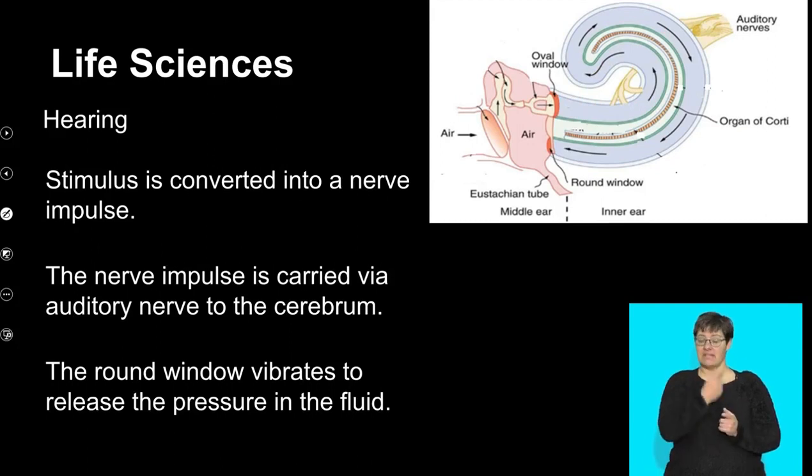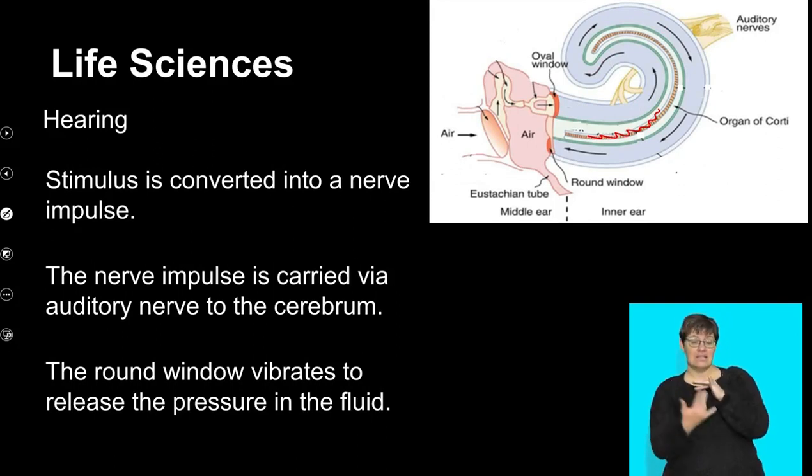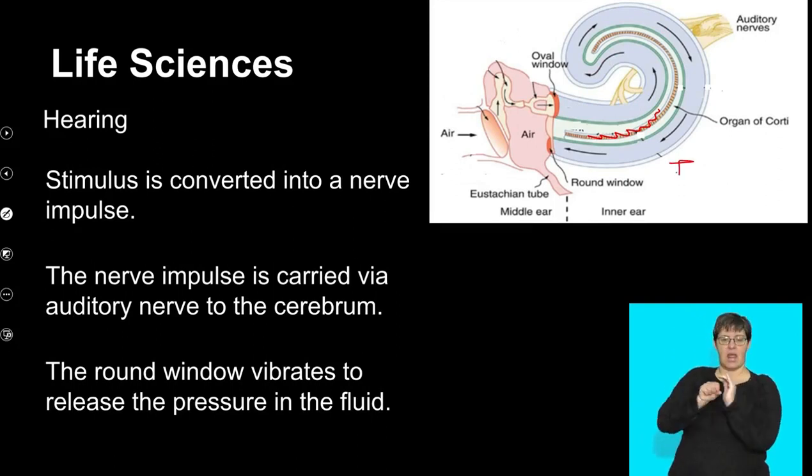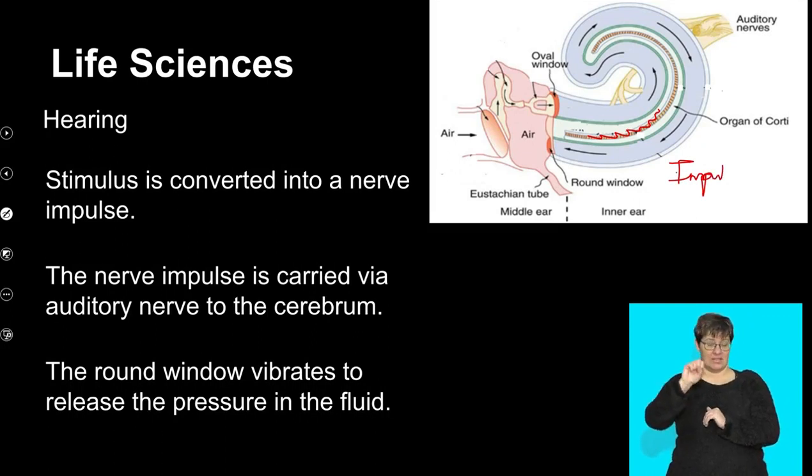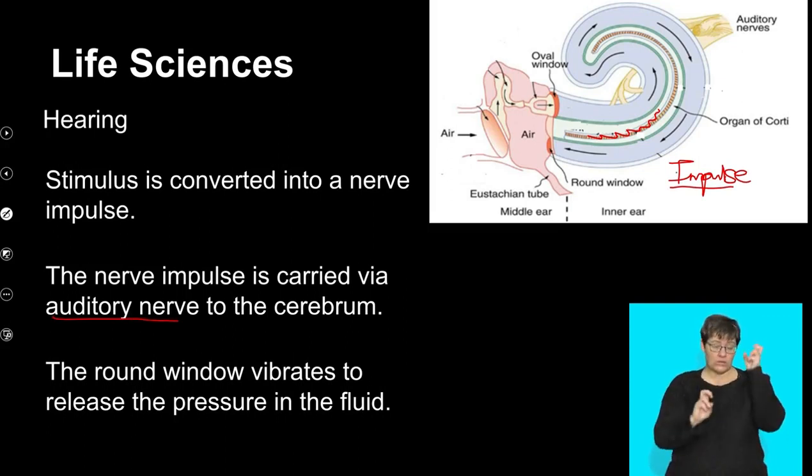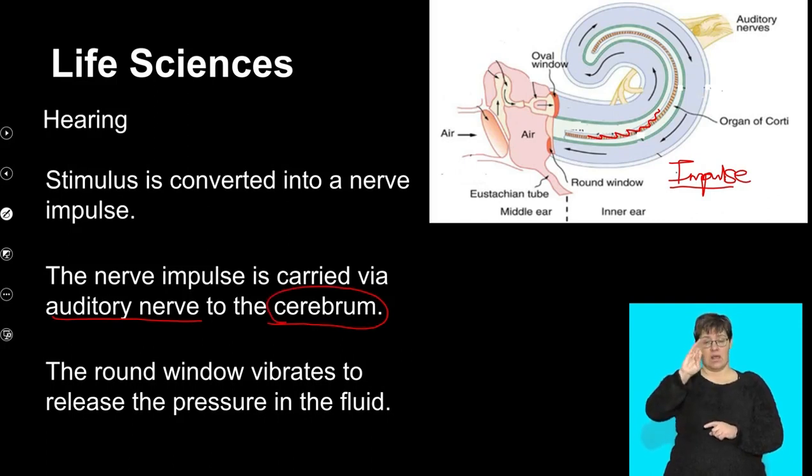So like I said, the organ of Corti is stimulated here, and then it converts the stimulus into an impulse. Remember the word impulse, not a message. And that will always be transported via the auditory nerve, not any other nerve, to the cerebrum. There's the word, cerebrum.